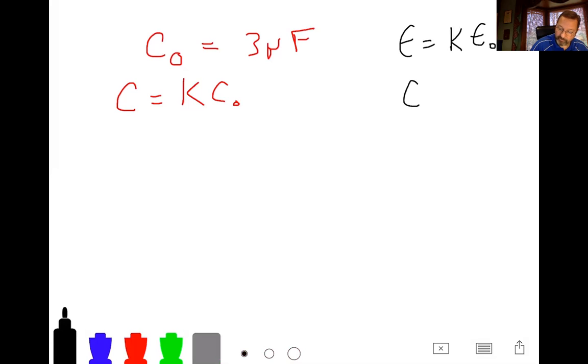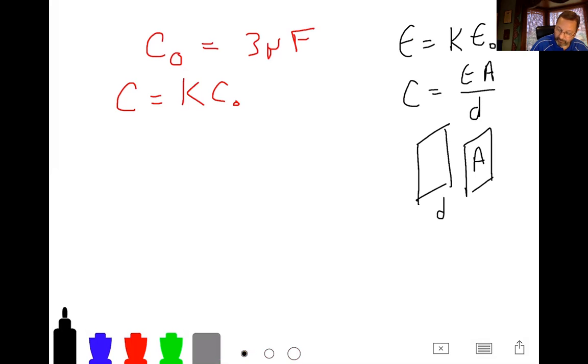And remember, the equation for a capacitor is the permittivity times the cross-sectional area divided by the separation between the two plates of a capacitor. And what I'm thinking about is something like this. That's the area, and that's D. Well, if it's just air inside there, I use that constant, right?